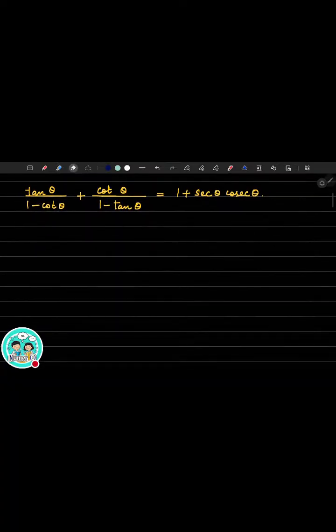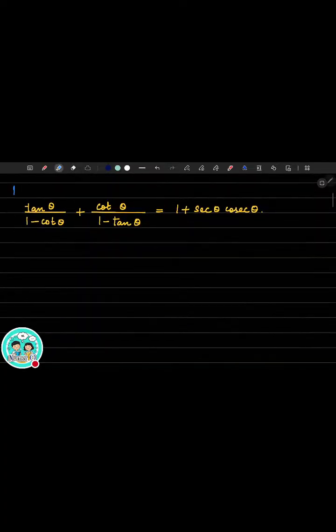Tan theta divided by 1 minus cot theta plus cot theta by 1 minus tan theta is equal to 1 plus secant into cosecant. Maybe I can give this as homework, and in the next slide I'll solve it for you. So you can take a note of this and do it on your own.